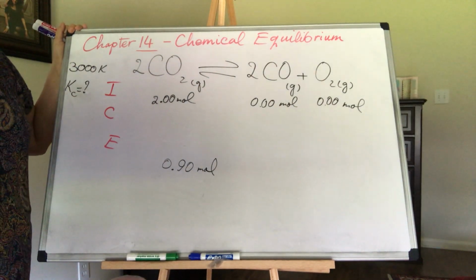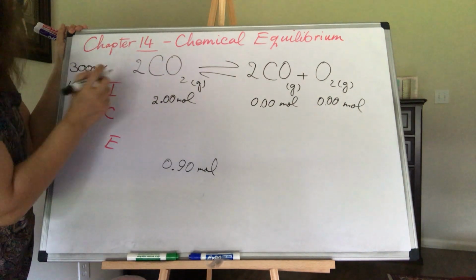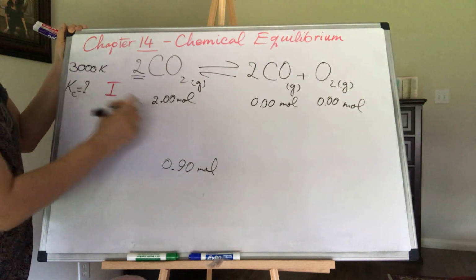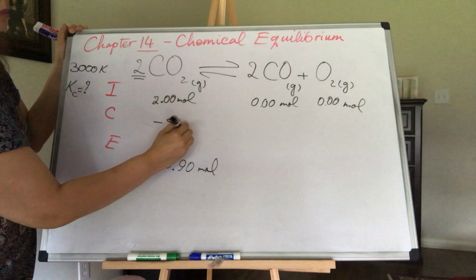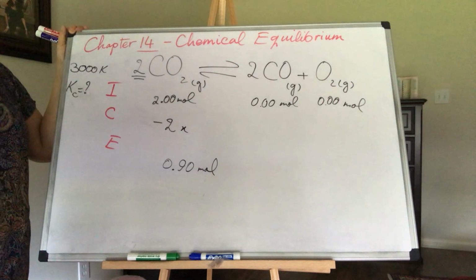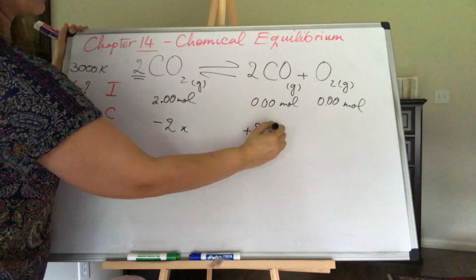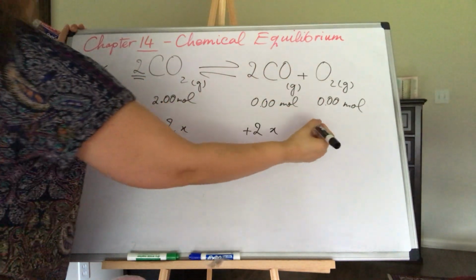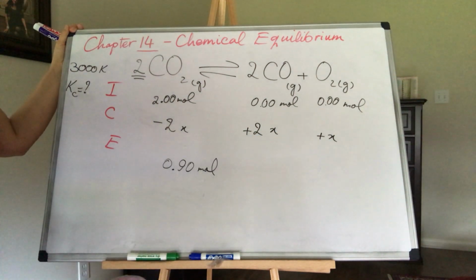When the system went through the change, what is the coefficient here? You did not have only 1 mole of carbon dioxide, you had 2 moles. So 2x will be deducted. What is the coefficient here? 2. So 2x will be added to carbon monoxide, and because the coefficient for oxygen is 1, only 1x will be added.